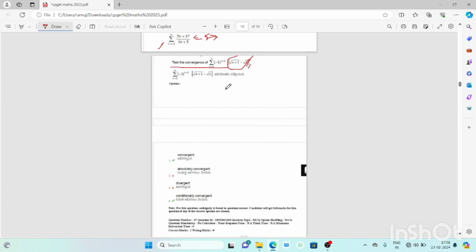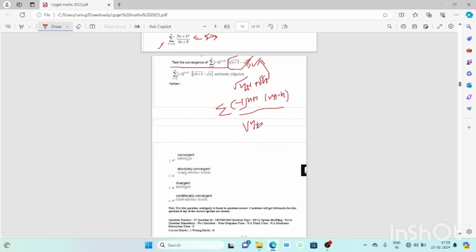You just multiply the denominator and numerator by root n plus 1 plus root n. It is in the form of a plus b into a minus b, so we get n plus 1 minus n divided by root n plus 1 plus root n, and the minus 1 stays.